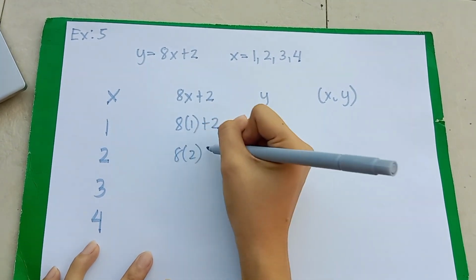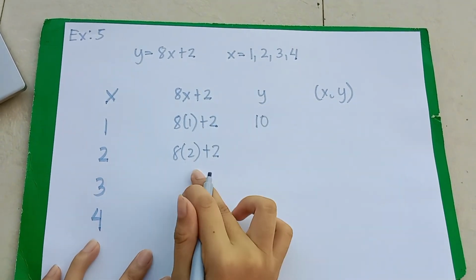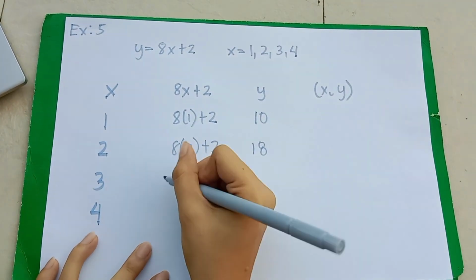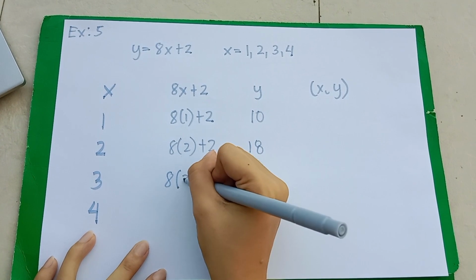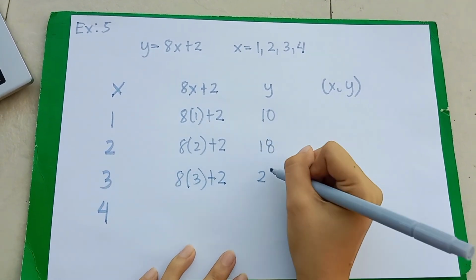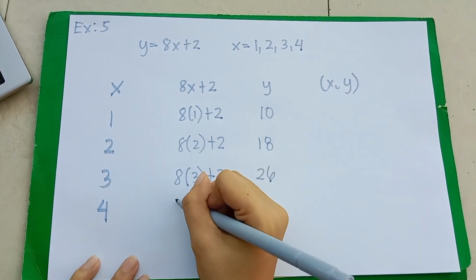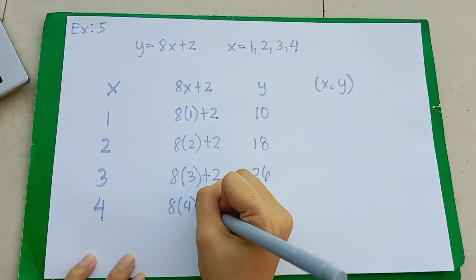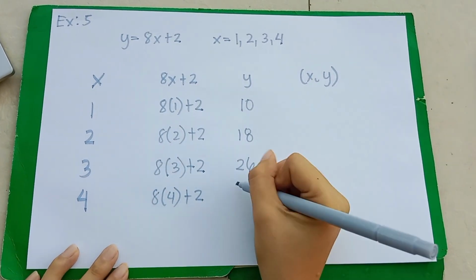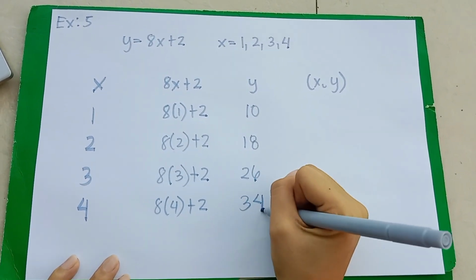So 8 times 2 plus 2. 8 times 2 equals 16, plus 2 is 18. So our y is 18. So 8 times 3 plus 2. 8 times 3 is 24, plus 2 equals 26. So lastly, 8 times 4 plus 2 equals 34.